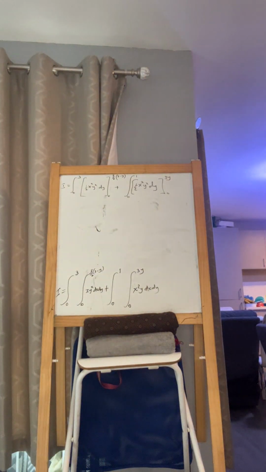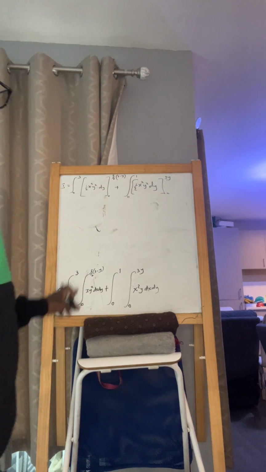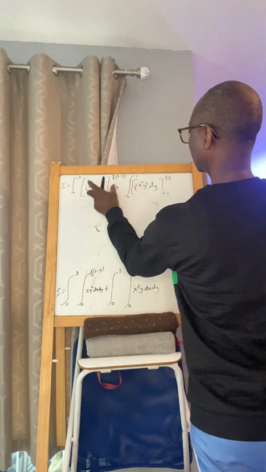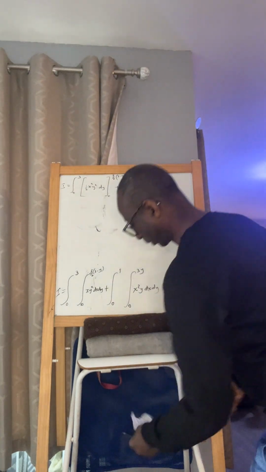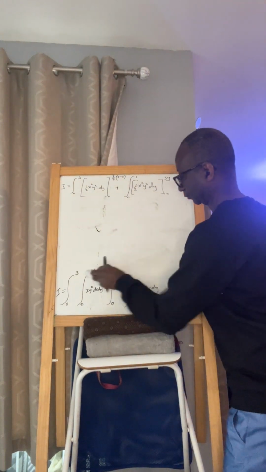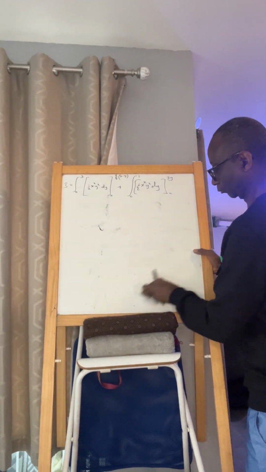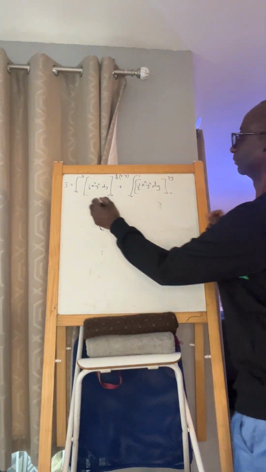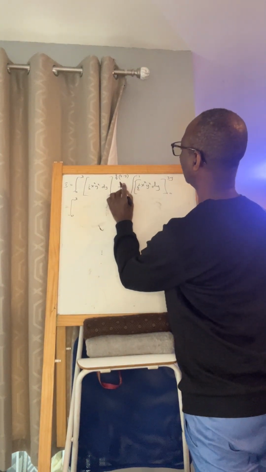That's what we have done. We've done the first integration. Now, let's simplify these squares we have inside here. We still have this 0 to 3.